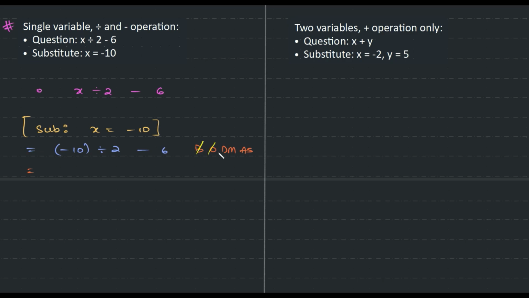There's no operation. There is division. So you might think that, but we do have brackets, right? So there's nothing inside the brackets that we need to do. So I'm cancelling brackets. So negative divided by positive is negative. 10 divided by 2 is 5. And we have -6. And these two are addition. And we have -11.